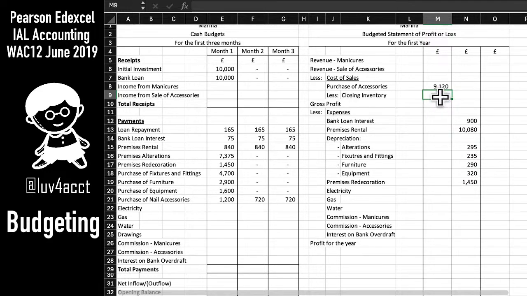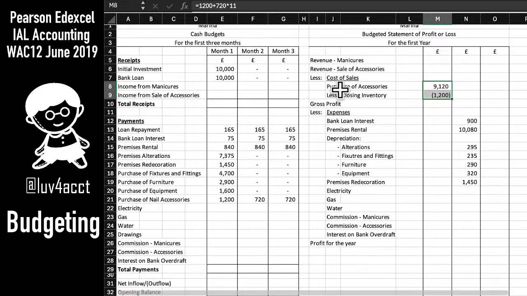Closing inventory: if we are going to always keep 1200 and use and replace, that means our closing inventory will be 1200 as well. In this part, if you refer to the answer key given by Pearson, it will be a little bit different. It gives opening inventory of 1200 and then purchases will only be 11 months of 720. I think it is incorrect.